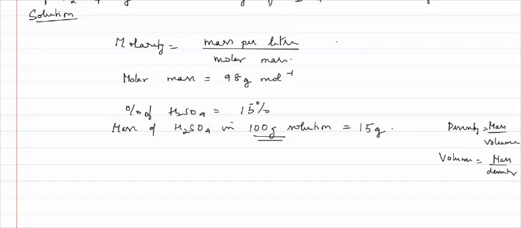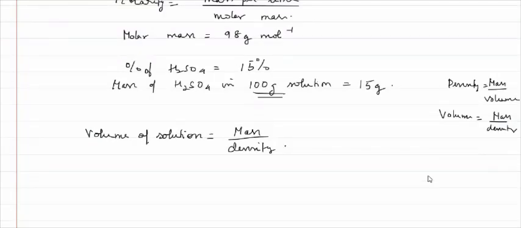So we have to find the volume of the 100 gram of solution. So volume of solution is equal to mass by density. And this is equal to mass is 100 grams and density is 1.1 grams per ml. So this is equal to 90.9 ml.